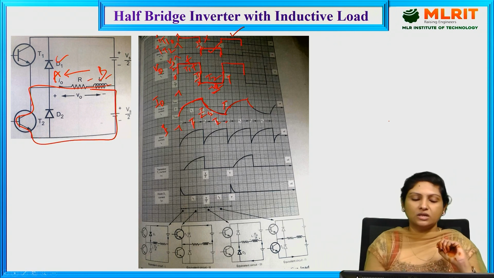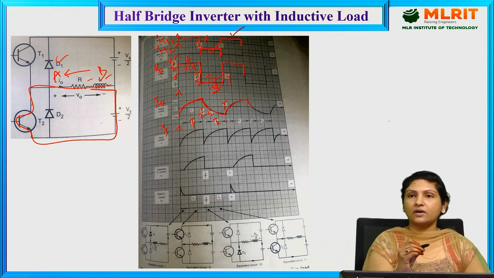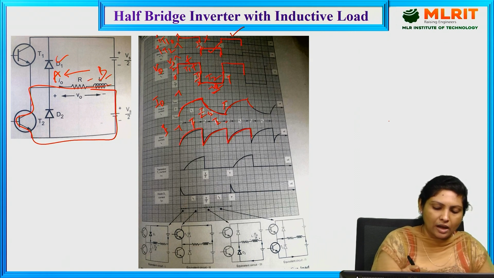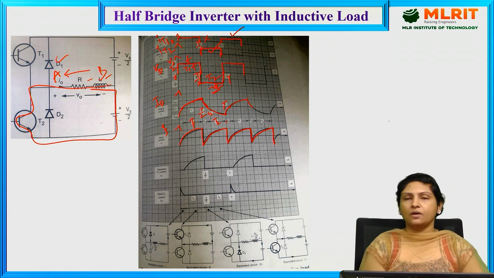That is the reason in all such conditions it is driving the current from the supply as well. So this is the supply current waveform when transistors 1, 2 as well as diodes 1 and 2 are conducting.